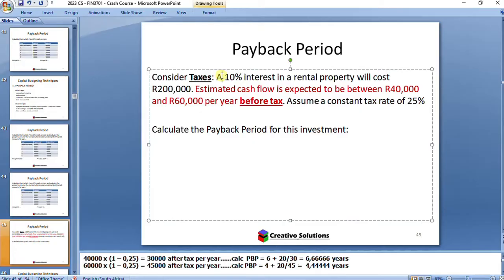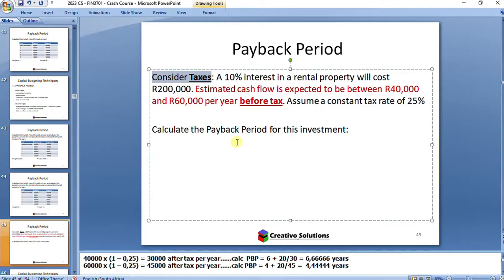So the reason I'm giving this to you now is I'm just saying consider taxes. When you look at leases, we'll get there eventually. In a lease calculation, taxes are important because certain payments are tax deductible and certain payments aren't. That's why we need to consider whether something is tax deductible or not. So this is purely a note to give you an additional consideration.